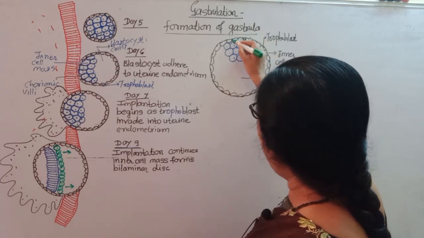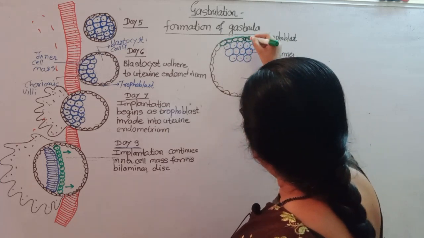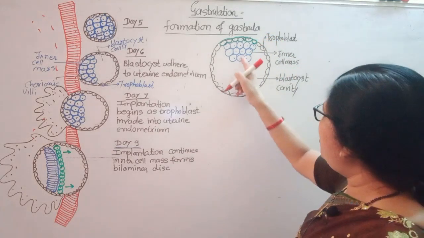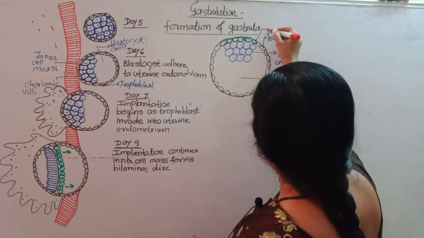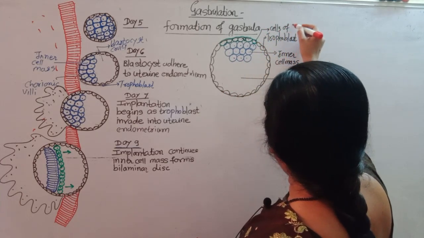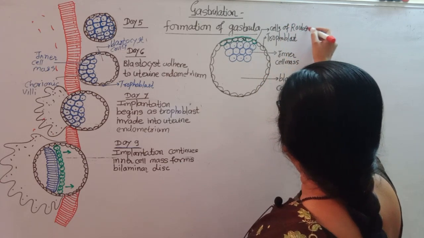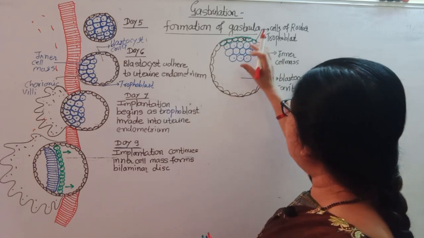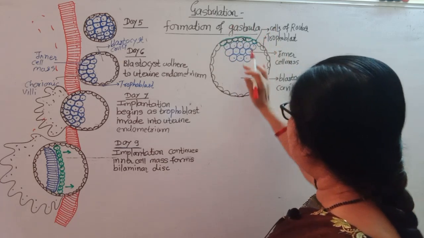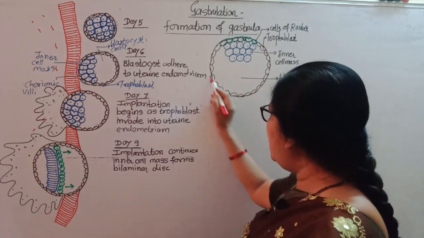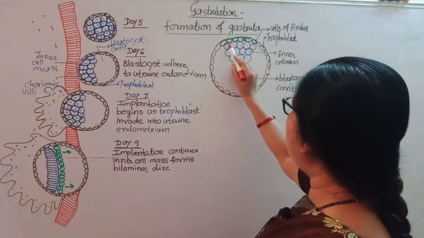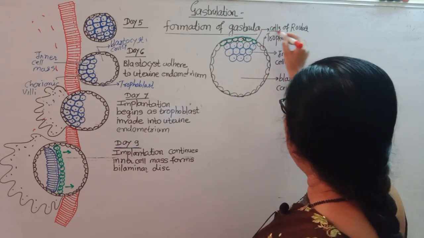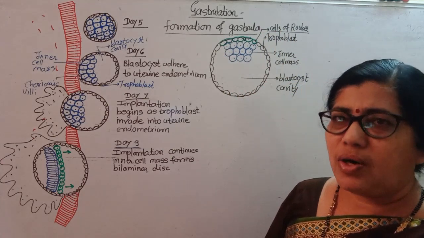Out of all the cells in trophoblast, only these few cells are in contact with inner cell mass, and these are cells of Rauber.